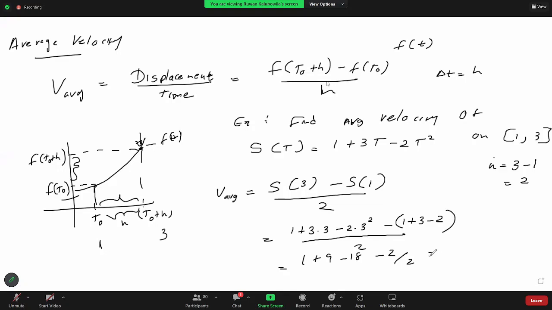Divided by 2. Yes, it is negative 5. Now you got the correct answer.